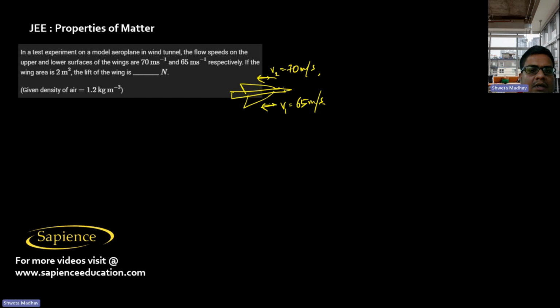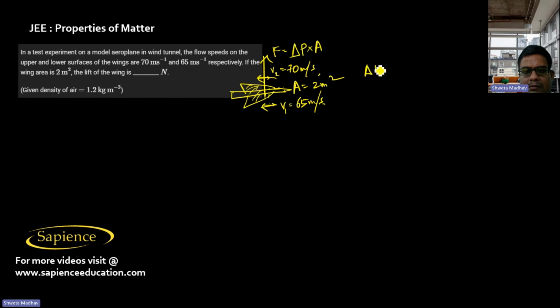And if the wing area is 2 meters square, then the lift of the wing will be how much? So the lift F is equal to the difference in the pressure into area.